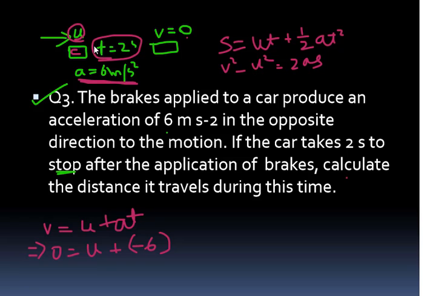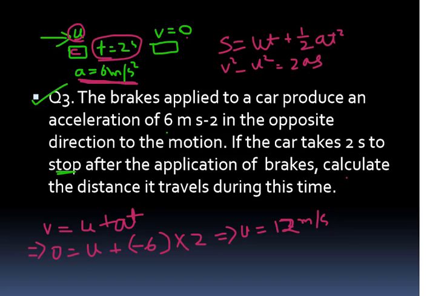Okay, so when velocity decreases, it will be negative acceleration. So here it will be minus 6 into time taken, that is 2. If you solve this one, your initial velocity will be equal to 12 meter per second. Okay, 12 meter per second.